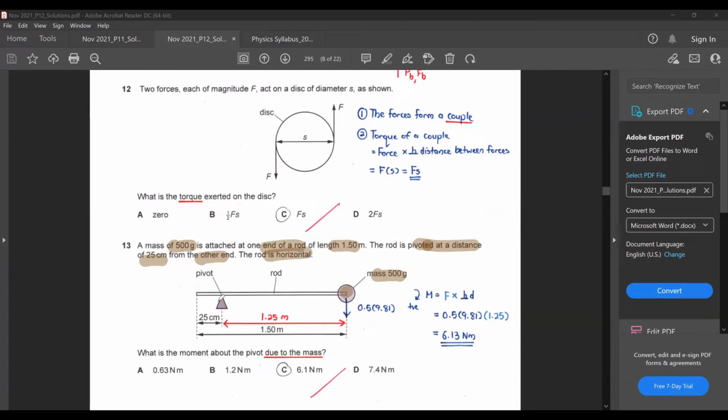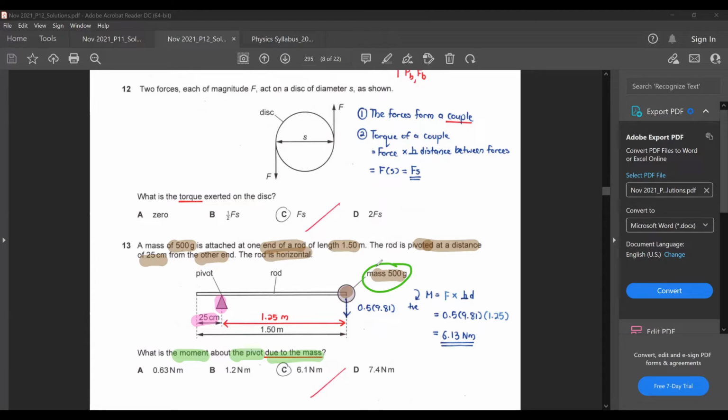The question is asking, what is the moment about the pivot due to the mass? They just want the moment due to the attached mass only, not anything else, like the weight of the rod.